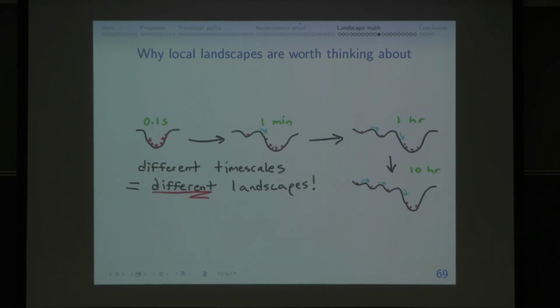In fact, it may take more time than your experimental timescale. If I were to look at the local landscape just after I put the cells in, you just see them in one place. If I waited one order of magnitude later, you'd see them in the second place. If I waited even later, you'd see them in the third place. Depending on the timescale I care about, different landscapes would tell me what I'm interested in knowing.